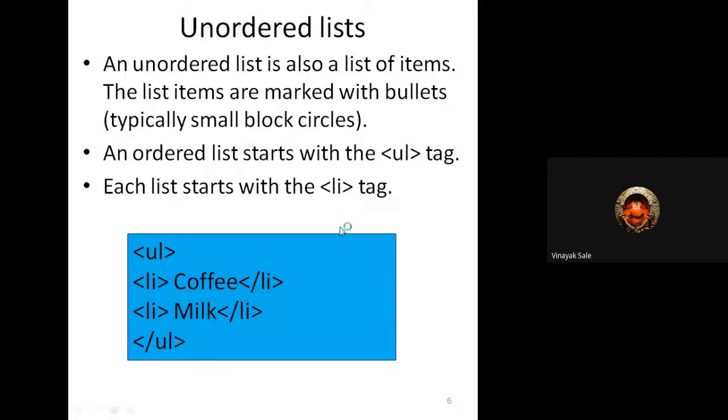So unordered list marks with bullets, not numbers. Bullets typically mean small black circles. Okay, we'll see what will be the output in the same code.